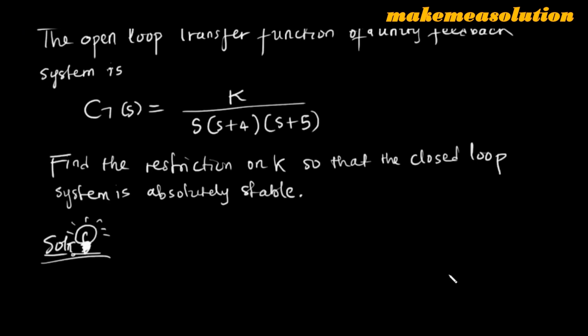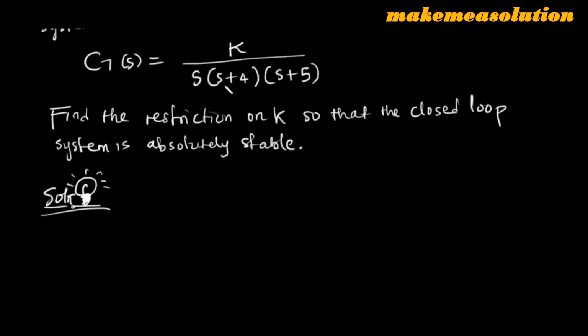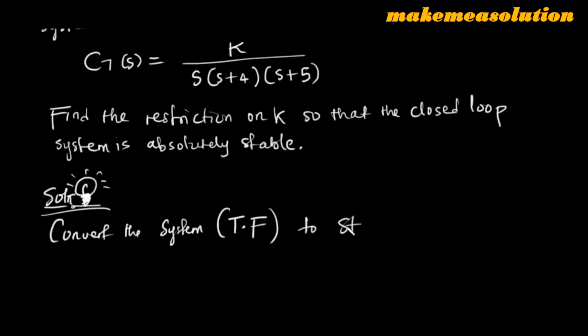If I'm given a problem like this and I want to find the restriction of K such that the system is stable, the first thing I need to do is I see that the system is not in the standard form. So I'll convert the transfer function to standard time constant form.